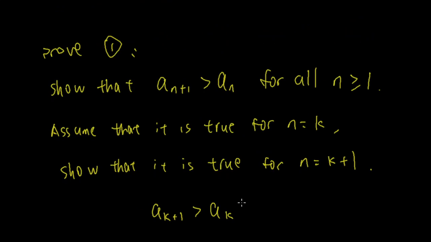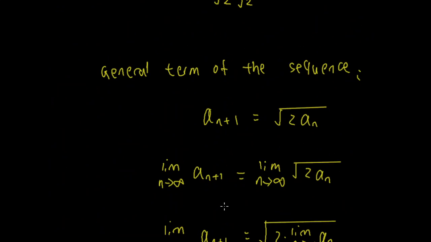Now notice that in the general term of the sequence, the subscript on the right side is always 1 higher than the subscript on the left side. Okay, so this is the left side.